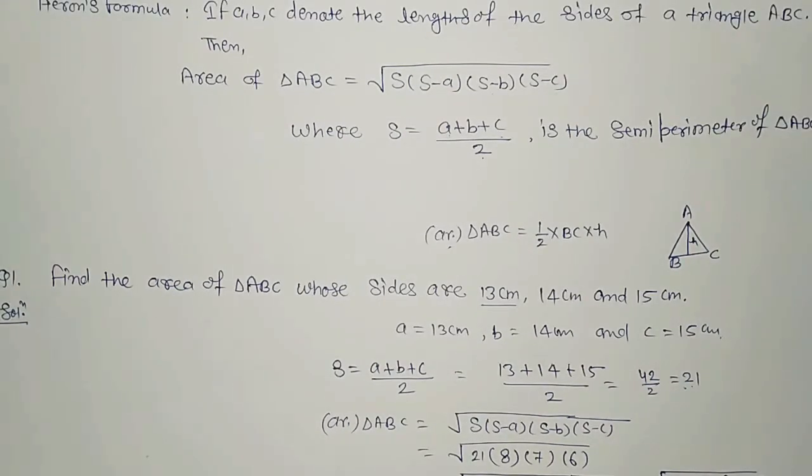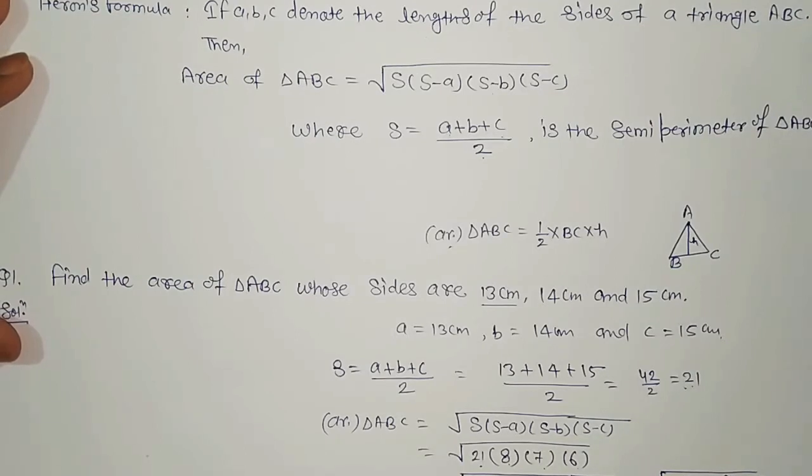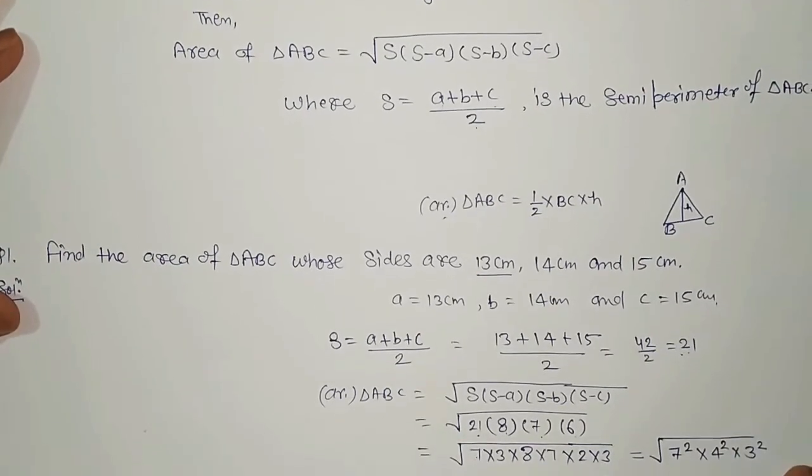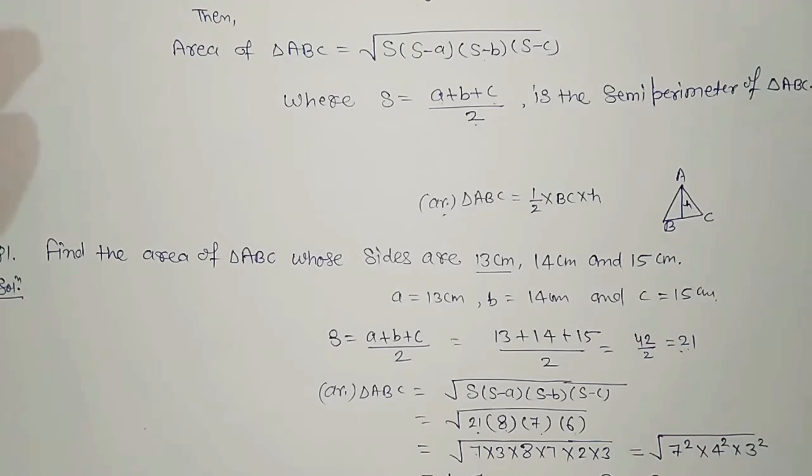Now we write the easier form of this. 21 equals 7 into 3, 8 equals 2 into 4, and 6 equals 2 into 3. Then we write 7 into 3 into 8 into 7 into 2 into 3. Now this is the square form: 7 square into 4 square into 3 square.